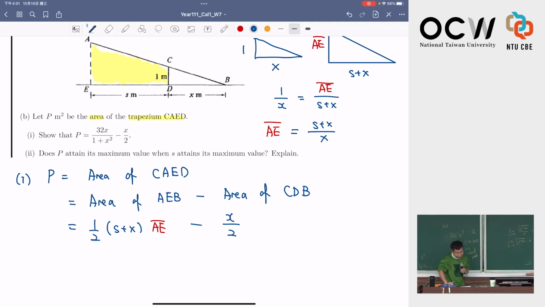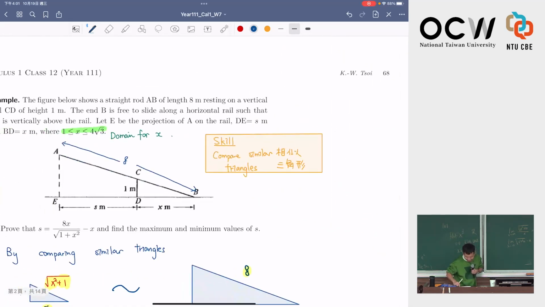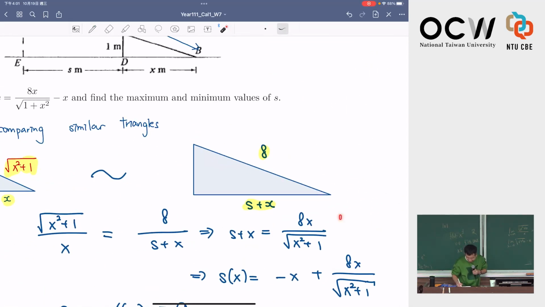But think about that. In part A, you have computed what is s plus x. Look, I will turn for you. You don't have to turn. In part A, you showed that s plus x equals 8x over square root of x squared plus 1.